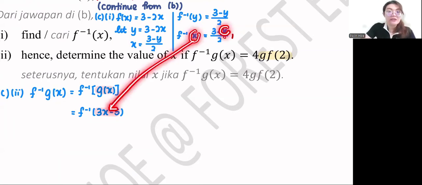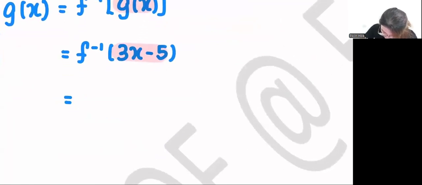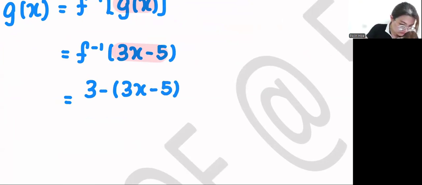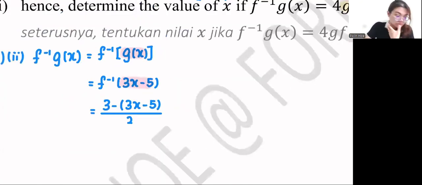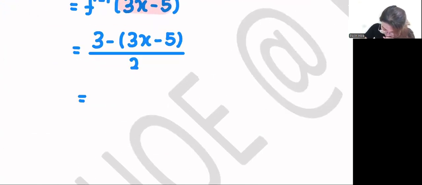The right-hand side x needs to be replaced also. So I have 3 minus, (3x minus 5), over 2. Okay? So from here, you just open up your bracket. So 3 plus 5, you get 8 minus 3x over 2.